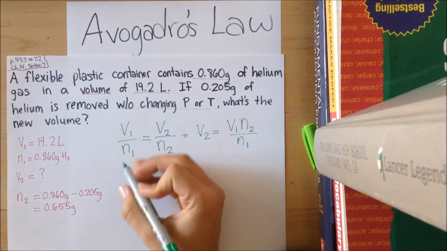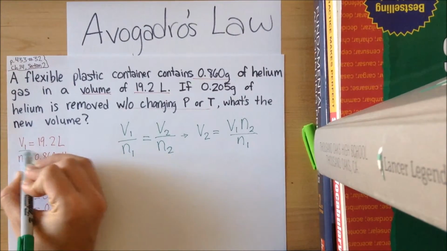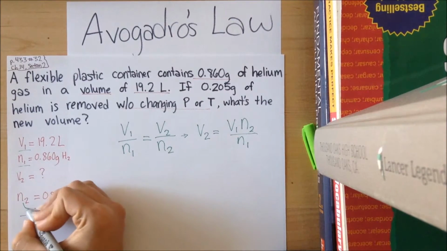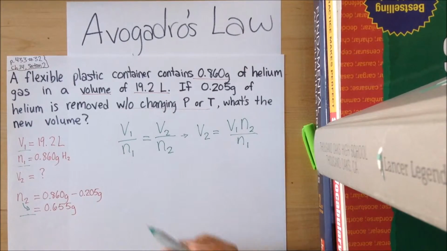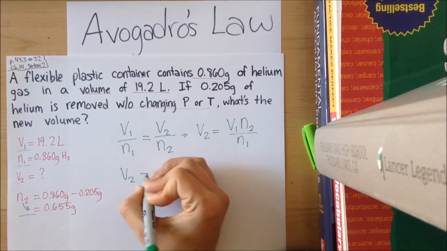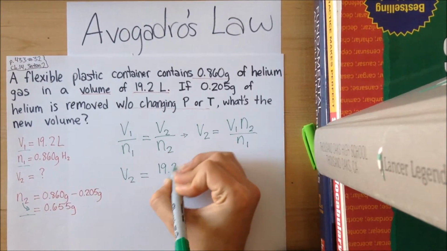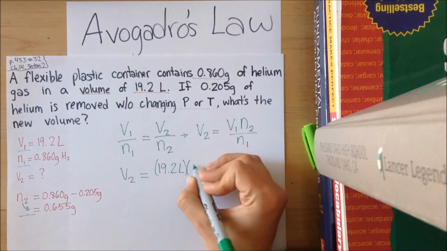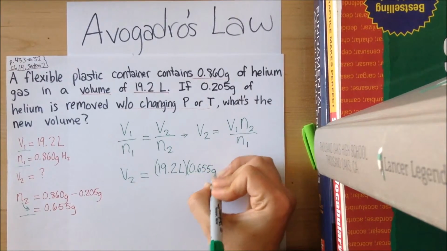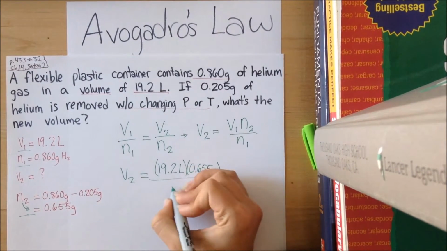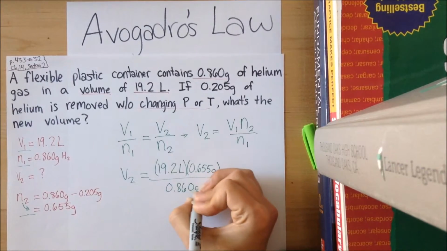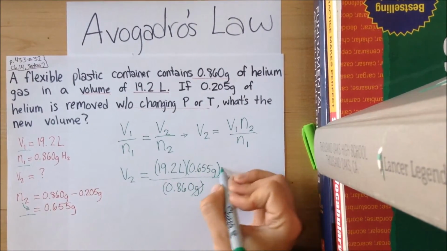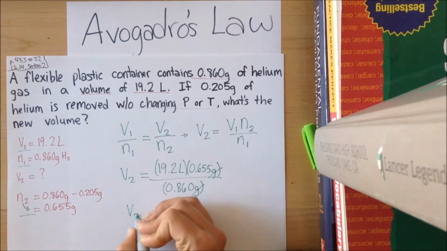So now we can plug in these values. V2 equals 19.2 liters multiplied by 0.655 grams over 0.860 grams. And then the grams cancel out, and you just plug and chug.